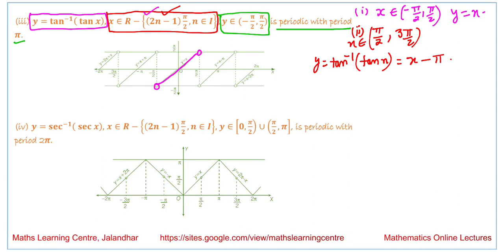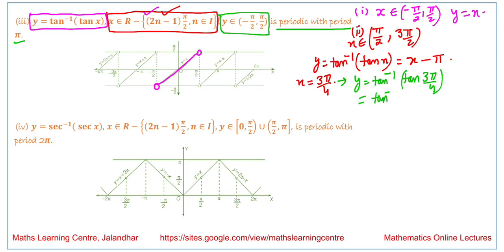Suppose, for example, we consider the value of x is equal to 3 pi by 4. Then what will happen over here? We have the function y is equal to tan inverse of tan of 3 pi by 4.